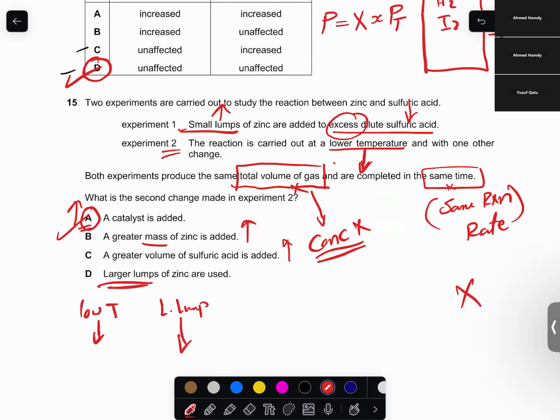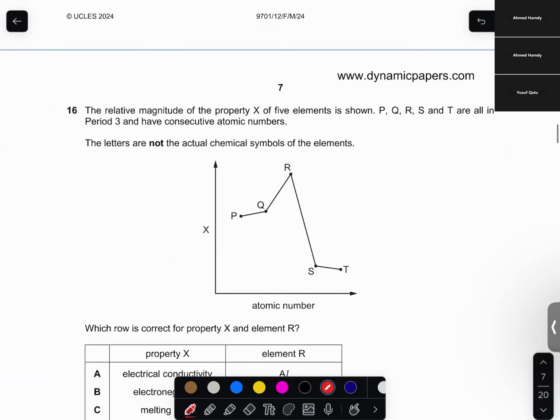It will take more time because the reaction will be slower than in experiment number 1. Okay, so this is why, if we want to make the reaction happen at lower temperature, we use a catalyst to increase the rate of the reaction, so it finally ends at the same time.